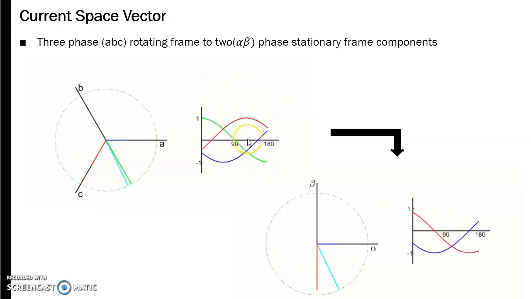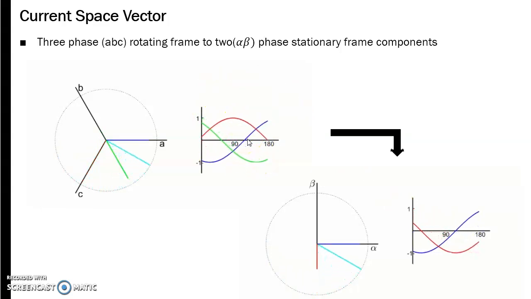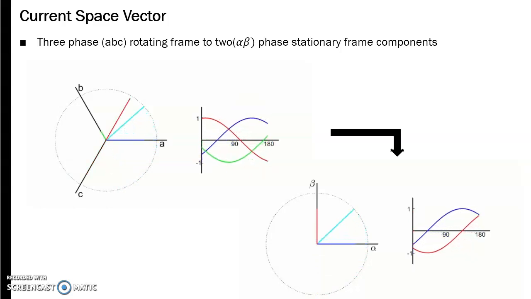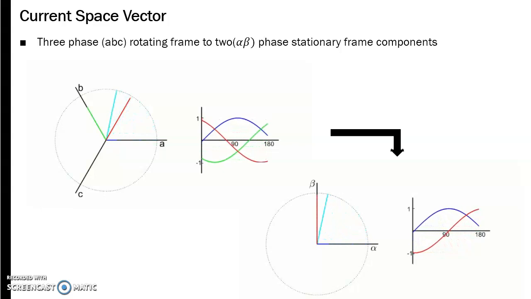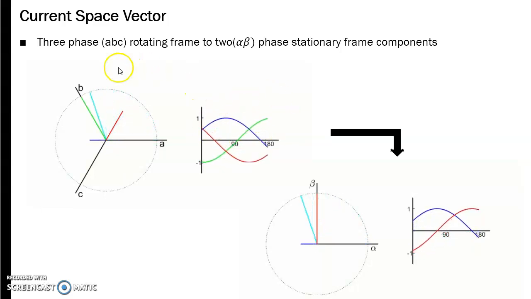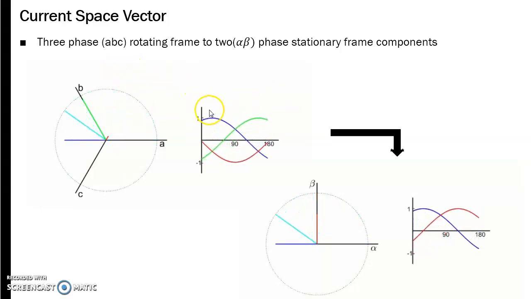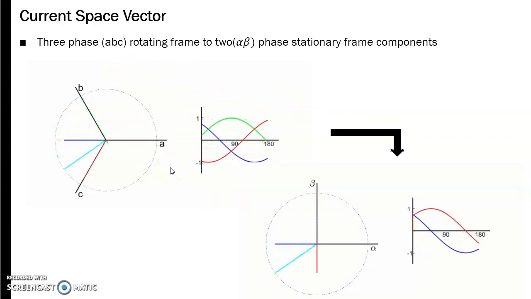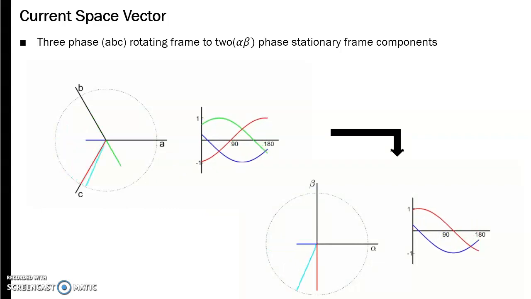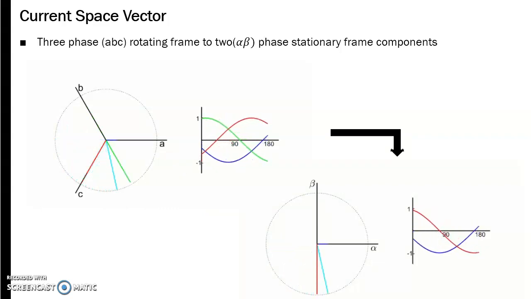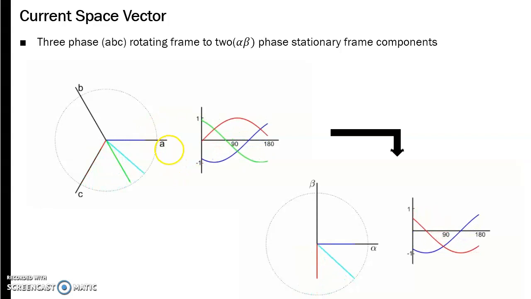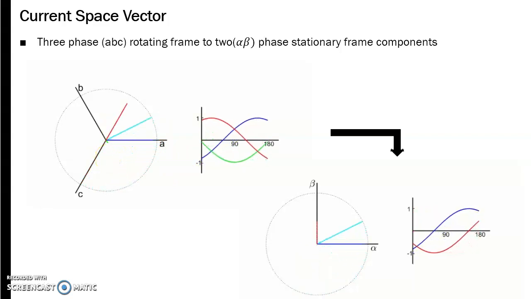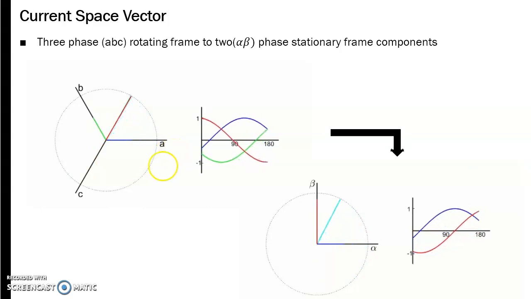if the three-phase ABC system is completely balanced, then only two currents are enough to represent the three-phase quantity, because IA plus IB plus IC equals 0 for a balanced system. So if you know IA and IB, IC can be written in terms of IA and IB.